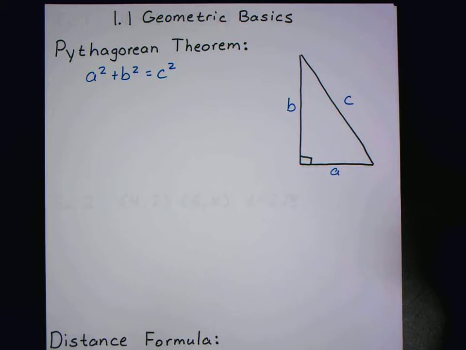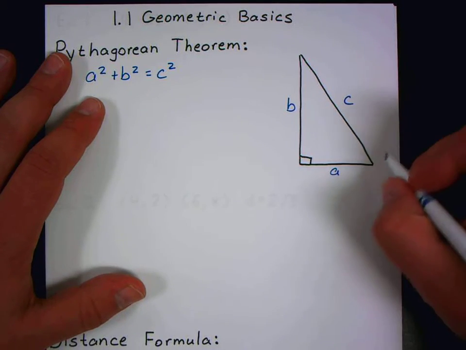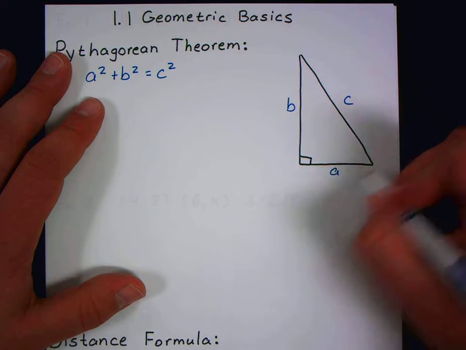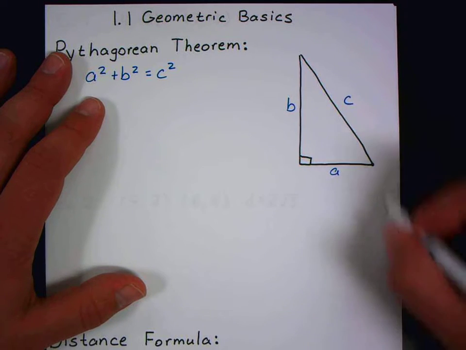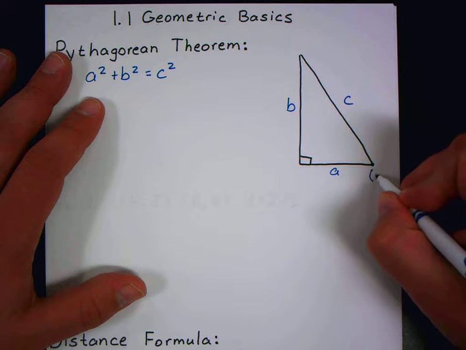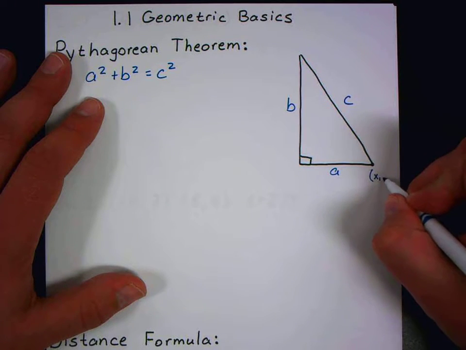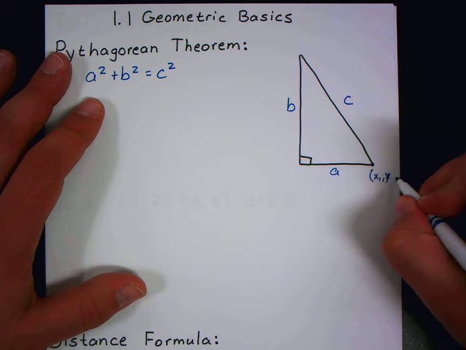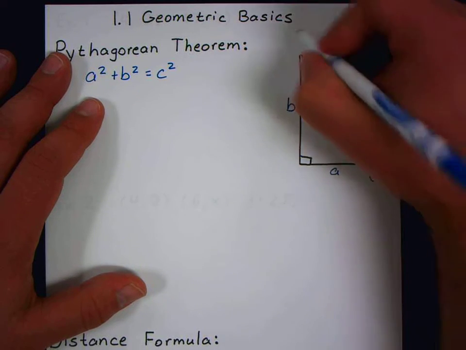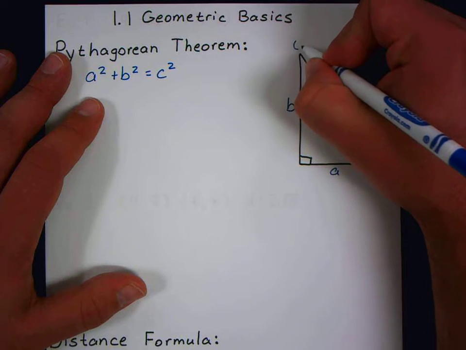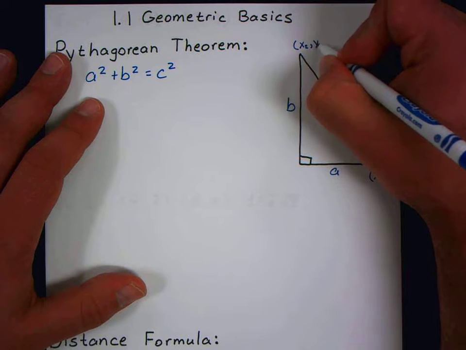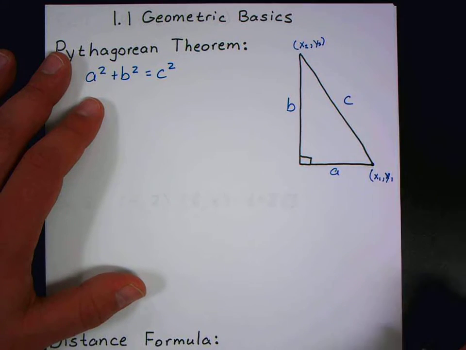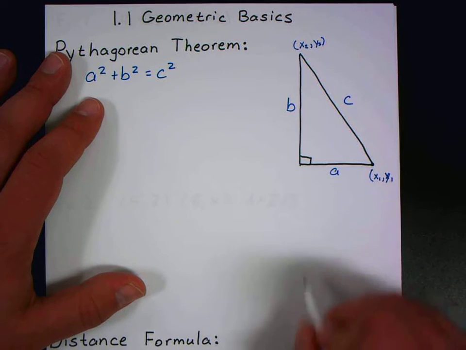Okay, now if I put this on a coordinate grid and I gave each of these ordered pairs, okay, what would be the ordered pair right here?